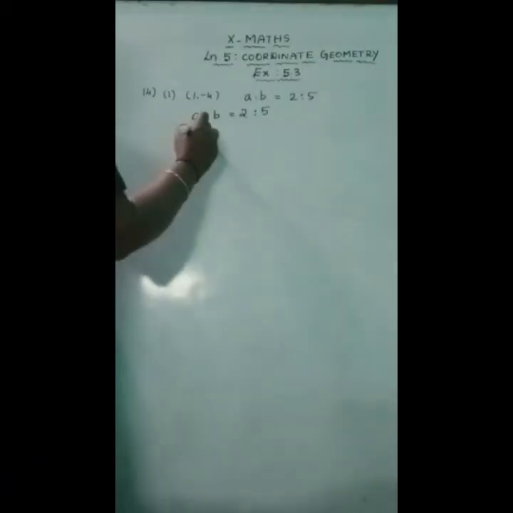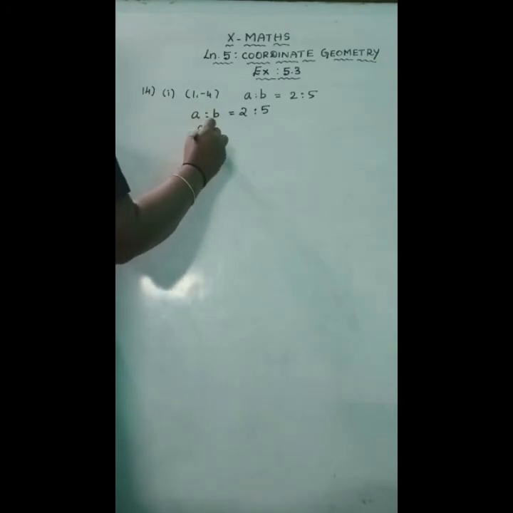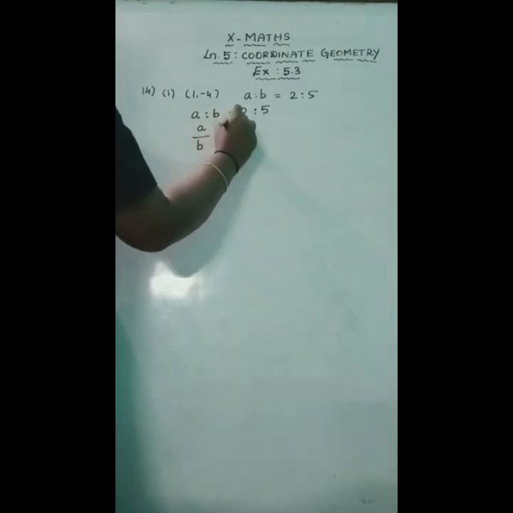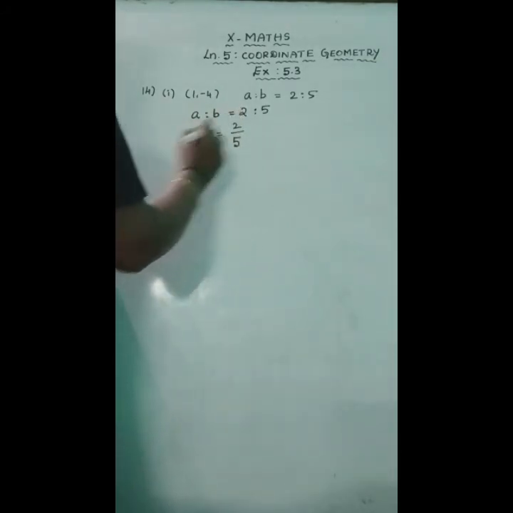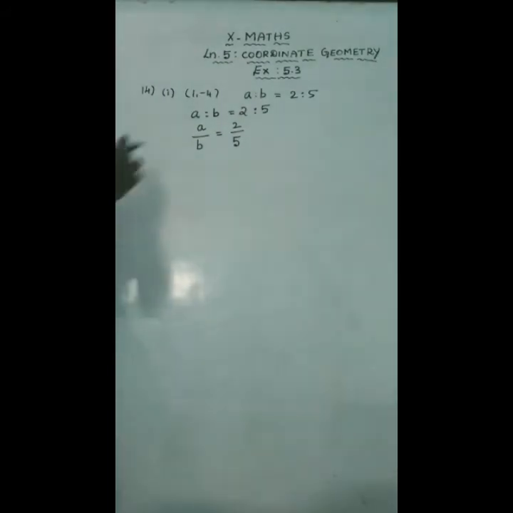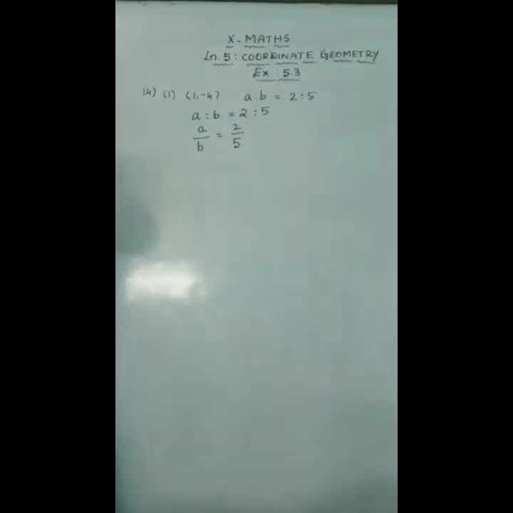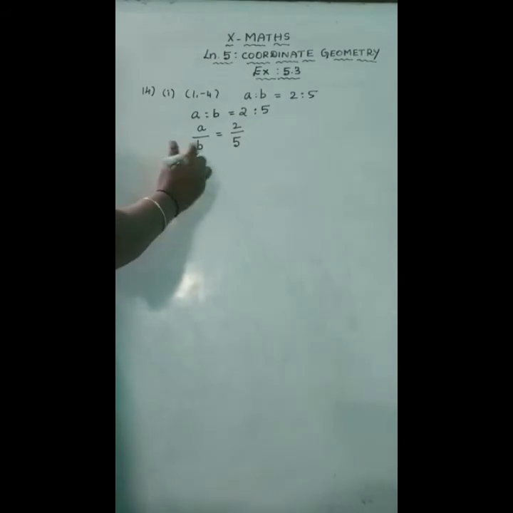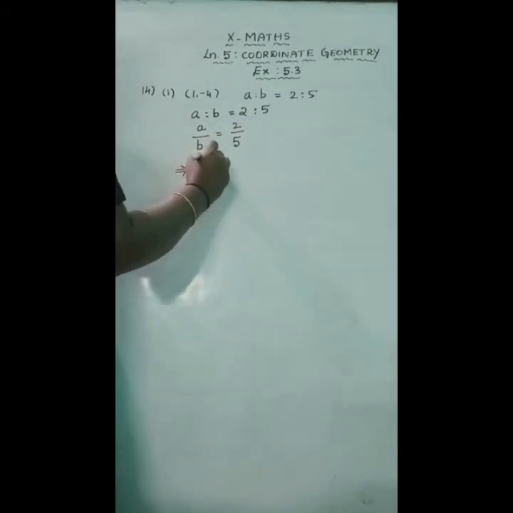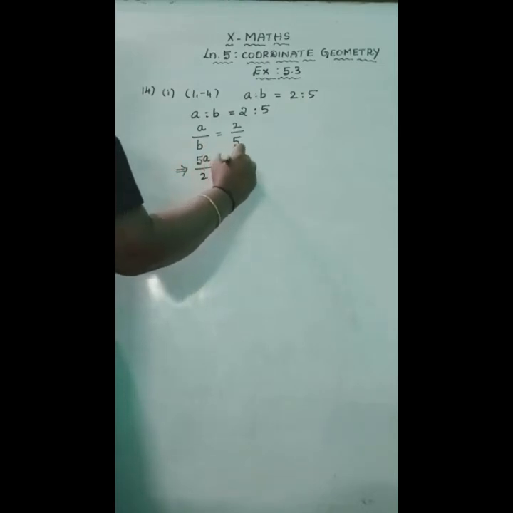So here we change the ratio into the divided form. a divided by b is equal to 2 divided by 5. So we find the b value, that is 5a divided by 2 is equal to b. So this is the value for b.